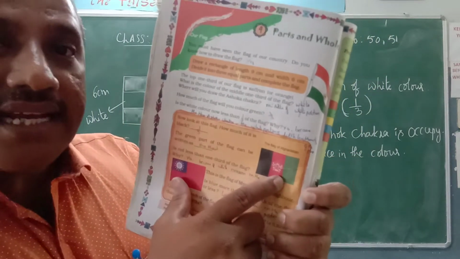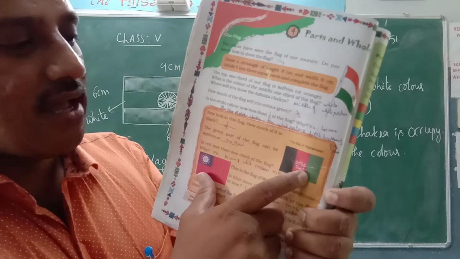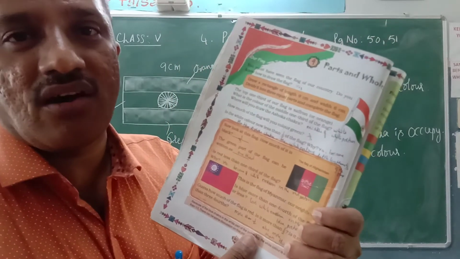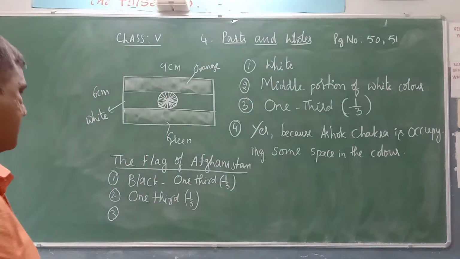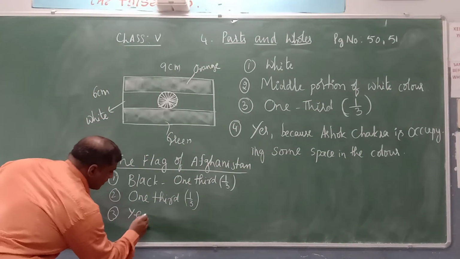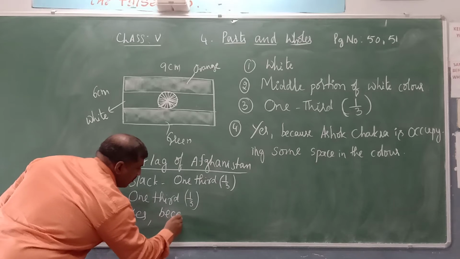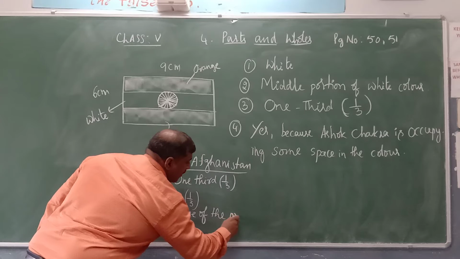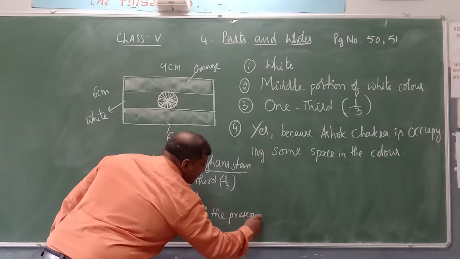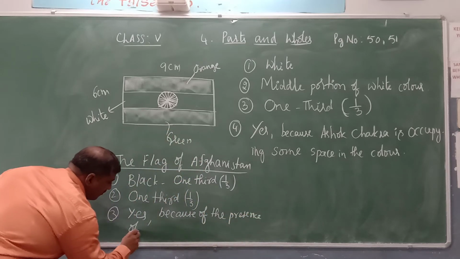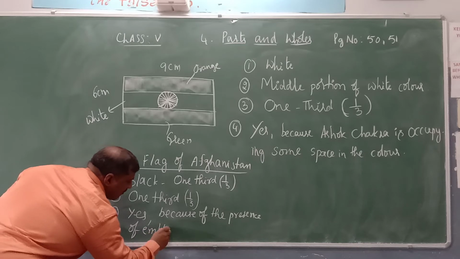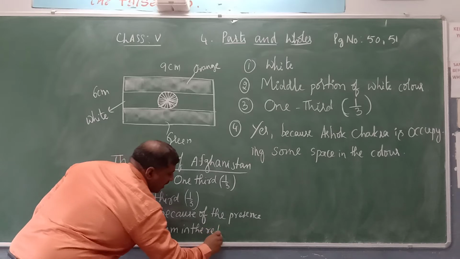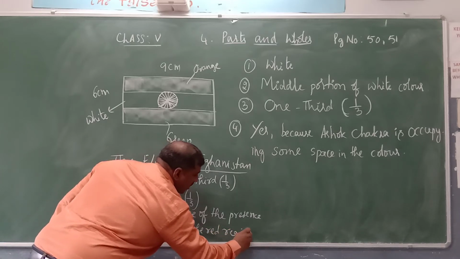It is less than 1/3 because of the presence of the emblem in the red region, the red space.